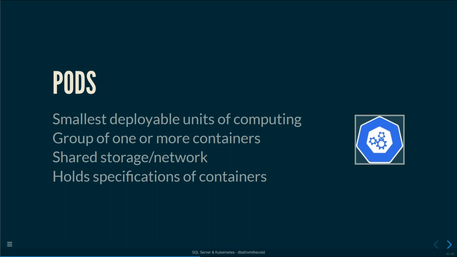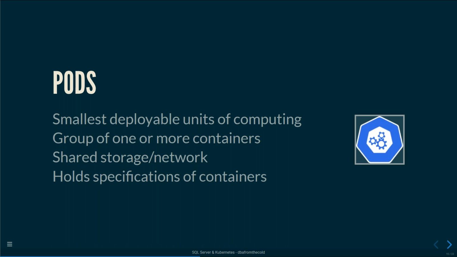So we have our master controlling our cluster. We have our worker nodes where we deploy our pods, and within our pods are our containers. Now, in Kubernetes, pods are mortal. They die and are reborn. And when they are reborn, they come up within the cluster with a different IP address.